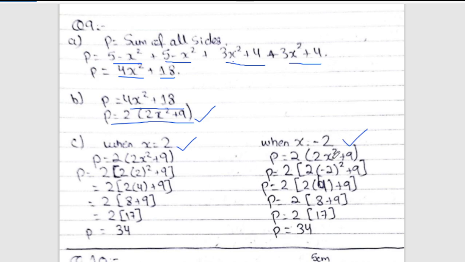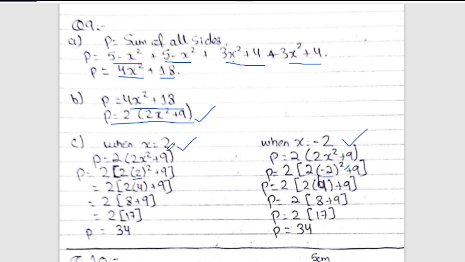When we put minus 2 instead of 2, the answer will be the same, because the square of any integer is always positive. This minus 2 square is 4 and this positive 2 square is 4, that's why the answers are the same. 2 into 4 is 8, plus 9 is 17, 17 into 2 is 34.